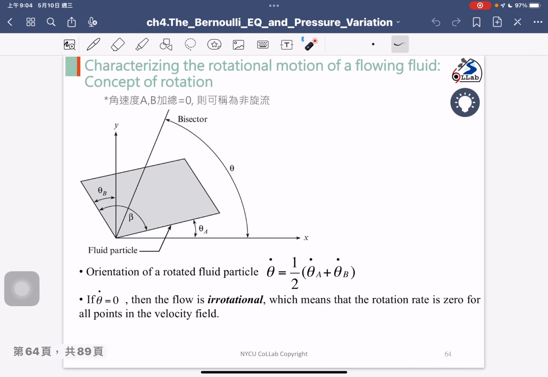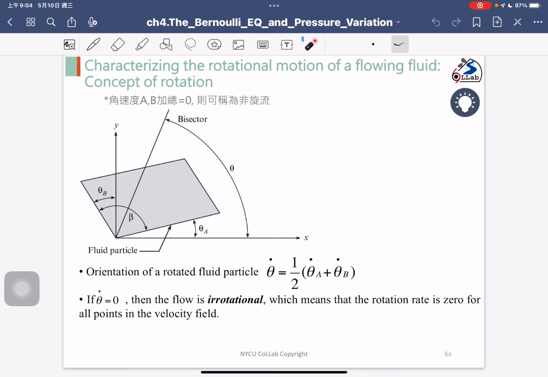In the following slides, I'm going to teach you how to compute the theta angle change with time. We call that the theta rate. If we can compute the theta rate, then we can identify whether the flow is rotational or not.